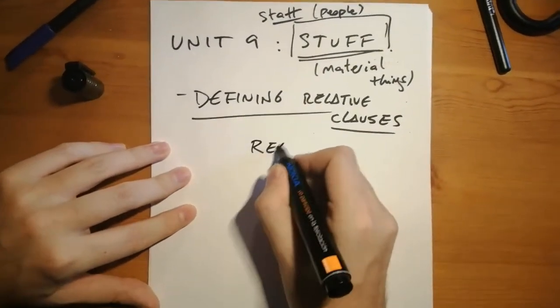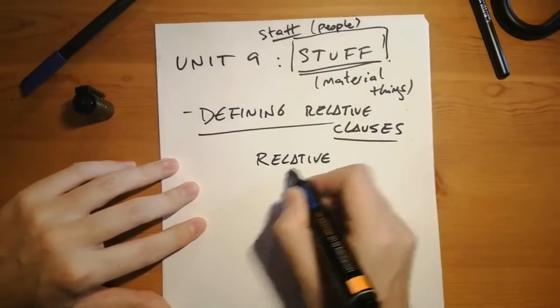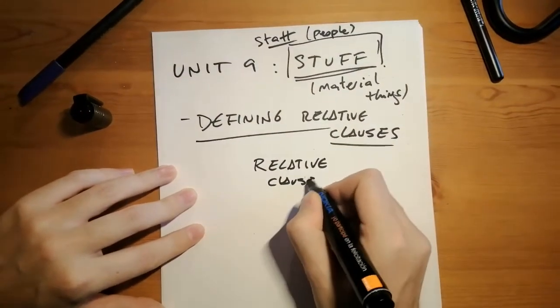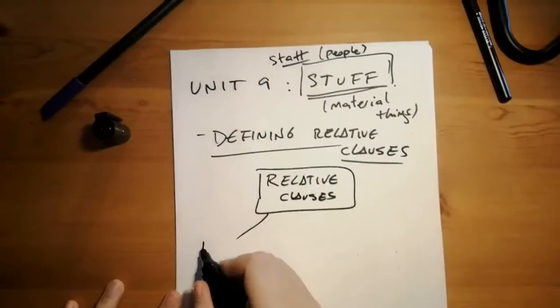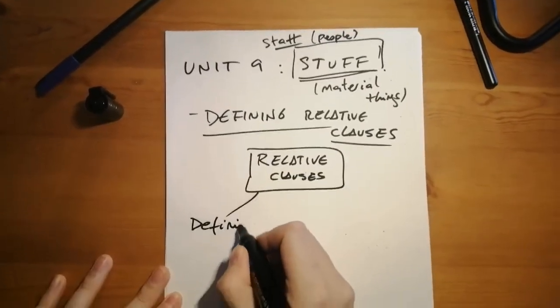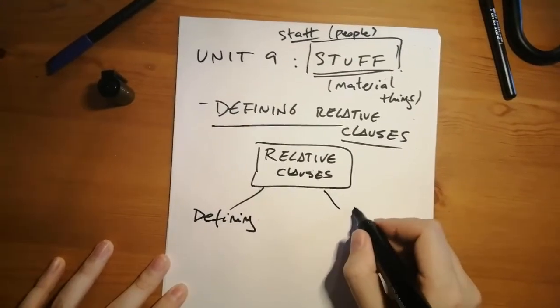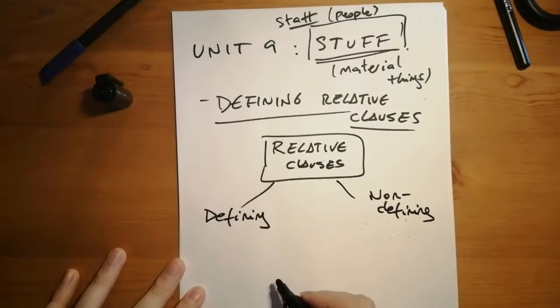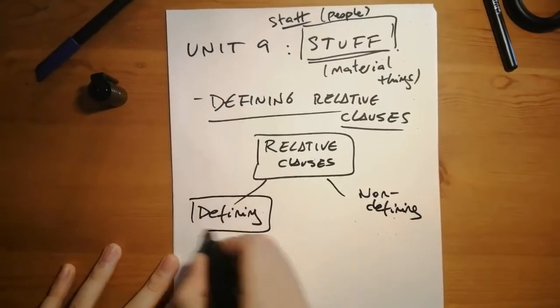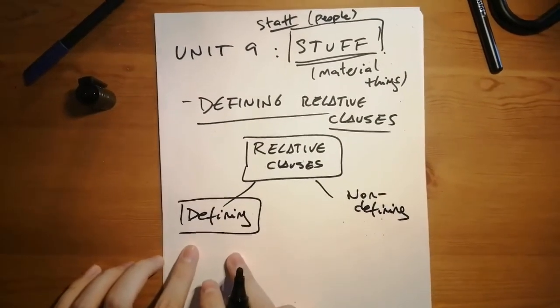But anyway, first of all, defining relative clauses, I have to start from the beginning, okay? So the first thing is that we have relative clauses, yes? And from here we have the defining and non-defining, okay? So the defining are the ones that we're going to study this unit.